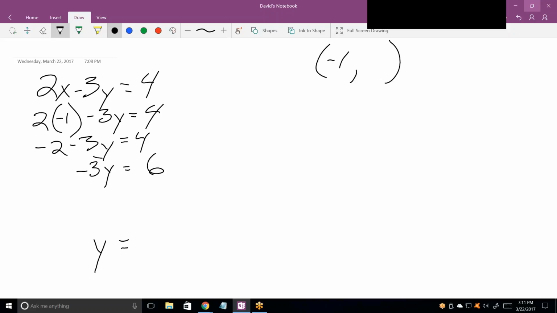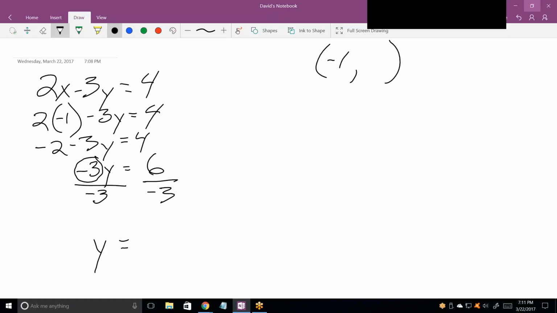Now I need to get rid of that. That is currently a multiplier. So you always do the opposite of what it currently is doing. So what's my next step? You would need to divide by -3, to divide 6 by -3. Because -3 is a multiplier, I always want to do the opposite, and the opposite of multiplication is division.